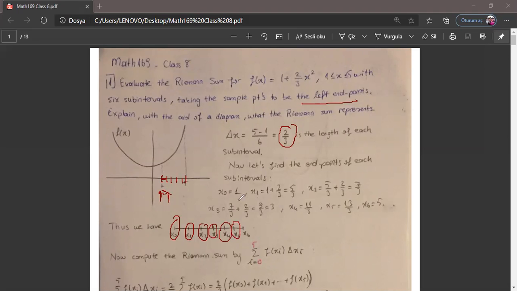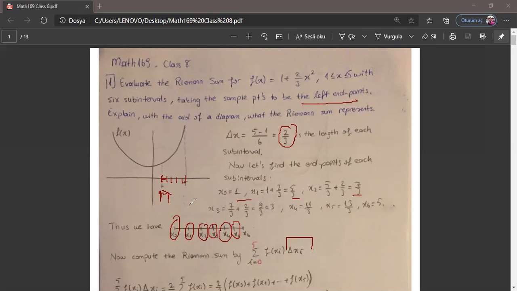Then we compute the Riemann sum. We need to obtain this sum, and we know this is 2 over 3, so we write it outside of the sum, get the values of f by using its formula, and finally get the value of the Riemann sum.